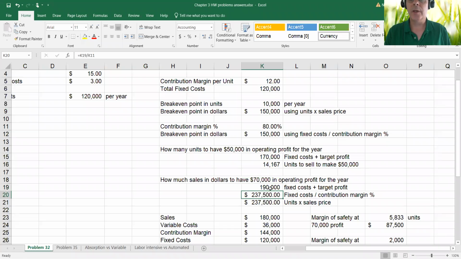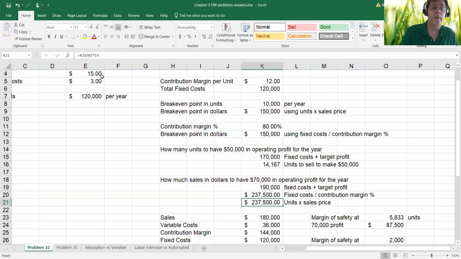We go back to this idea that because we're doing dollars, we can either divide 190,000 by 12, the contribution margin per unit, and then multiply by the sales price, 15, which is this formula up here.